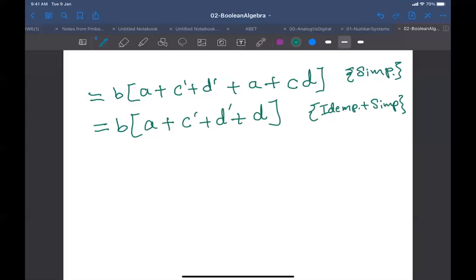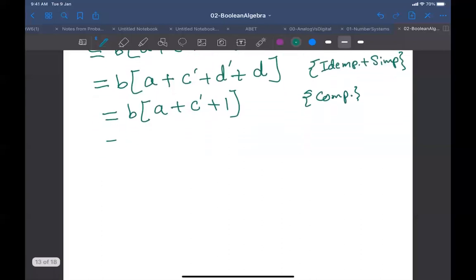So who can tell me what rule tells us what D complement or D is? It's equal to 1, and the property is called the complement property. So this is equal to B, A or C complement, or with 1. This is by the complement property. And then this is equal to B. By what?